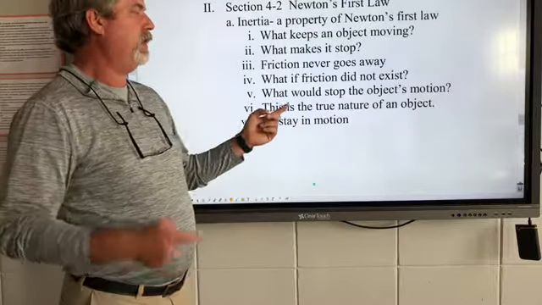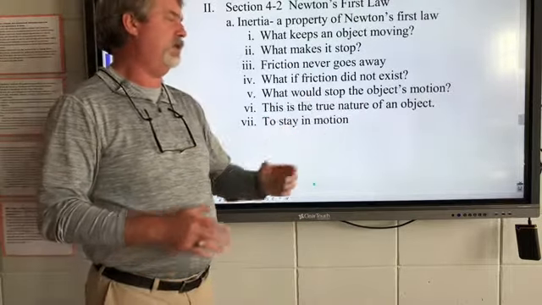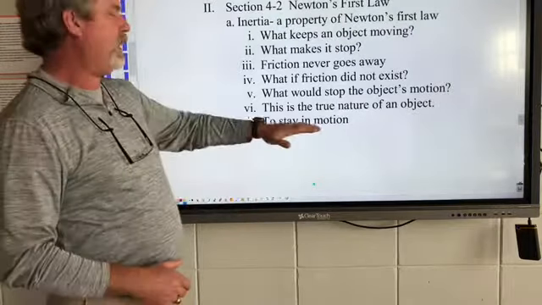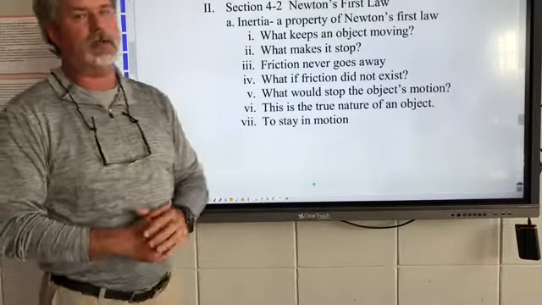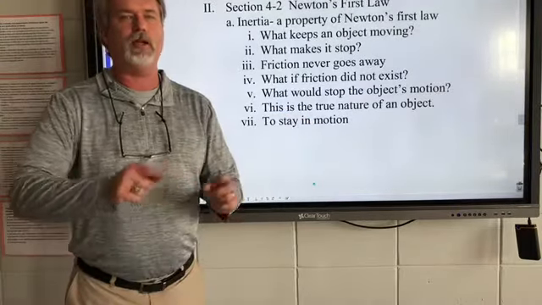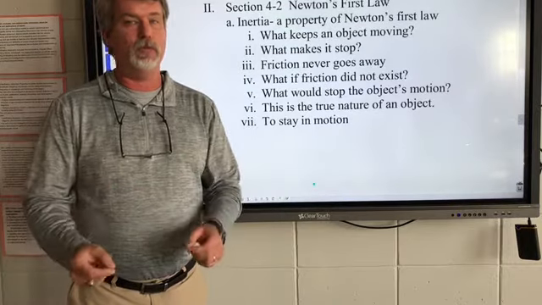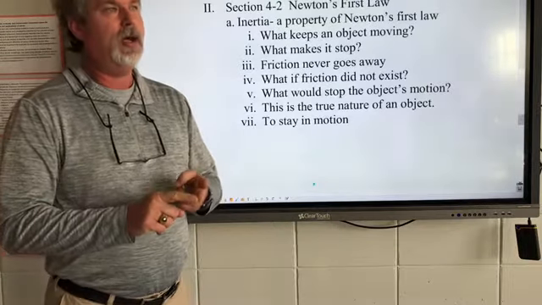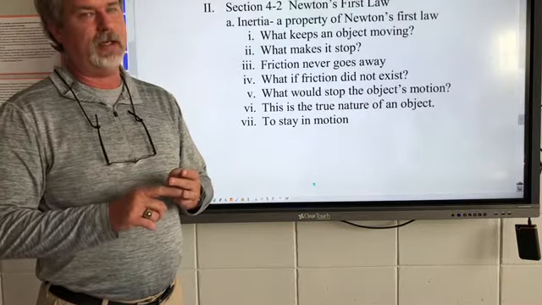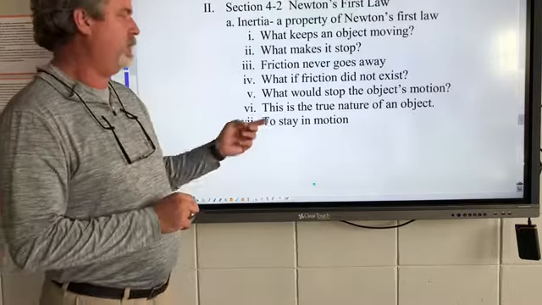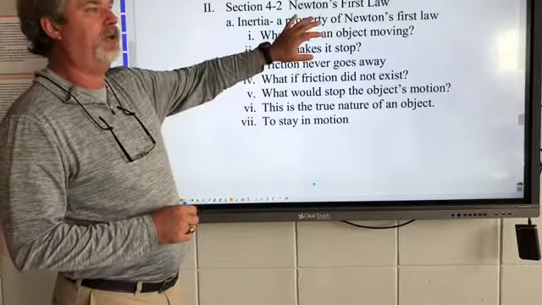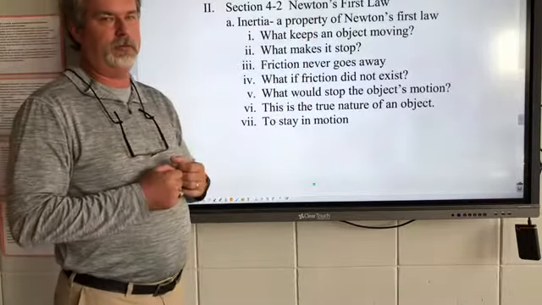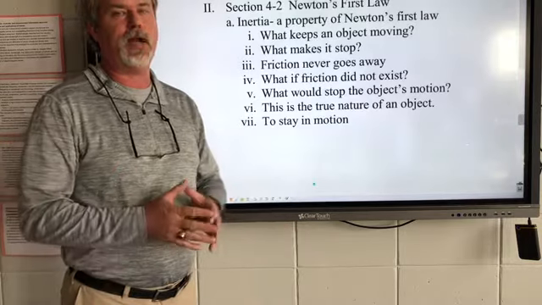All of a sudden, the force that stops the motion is not there, and that allows us to discover the true nature of an object's motion, which is to either stay at rest, or to stay in motion, or to travel in a straight line. So the only reason an object stops is because of friction. If you remove friction, then an object would never stop moving.